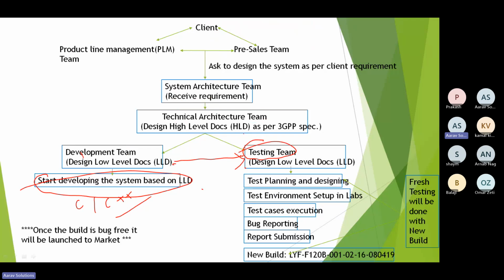To test that feature and that code, first we will design the test cases, test planning and design. We will make our setup ready, then we will execute the scenarios. All these strategies we will discuss in the course, with respect to all scenarios, because that is our responsibility, right? So we have to understand all these things.